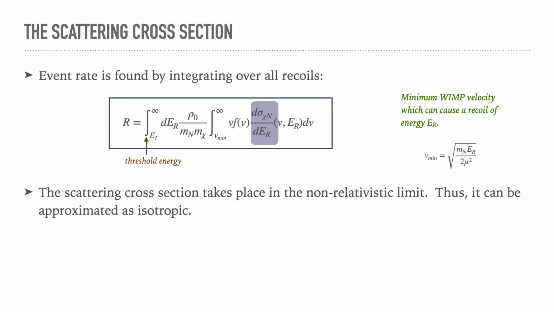Okay, so the scattering cross-section takes place in this non-relativistic limit. And since it's taking place in the non-relativistic limit, that means that we can approximate it as being isotropic. So what that means is that d sigma over d cosine theta is a constant and can be written as sigma divided by 2.